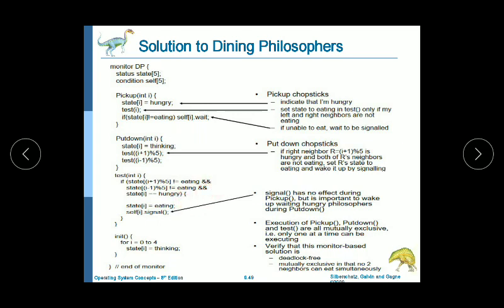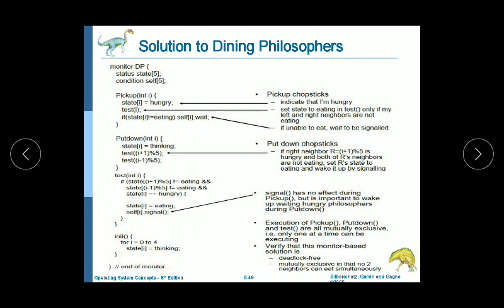It is possible because the left is not eating and the right is also not eating, meaning both chopsticks are free and I am hungry. I can eat with the help of these two chopsticks. After eating, signal. Signal has no effect during pickup but is important to wake up waiting hungry philosophers during putdown.